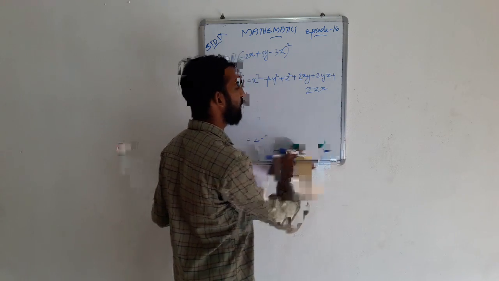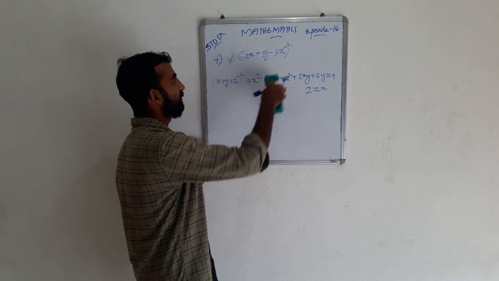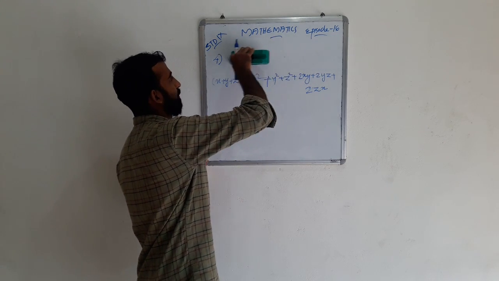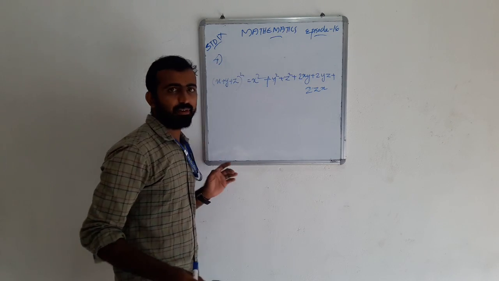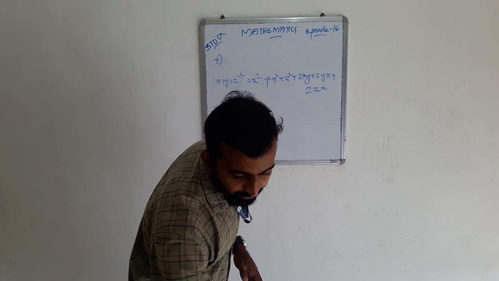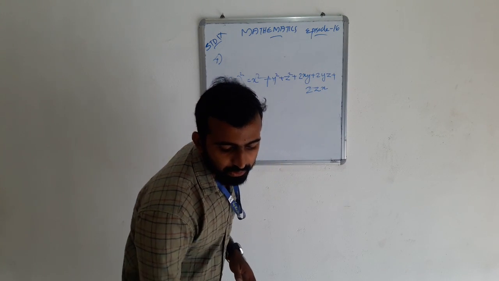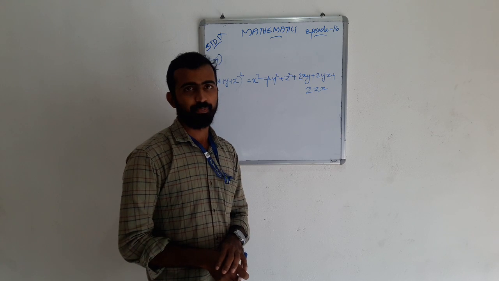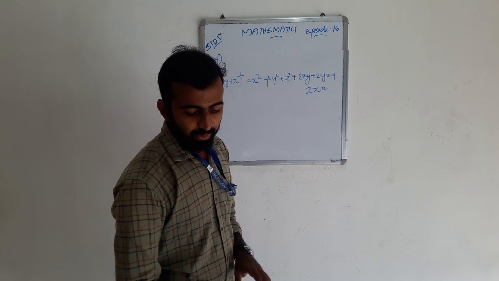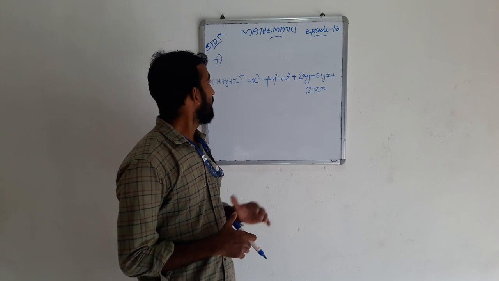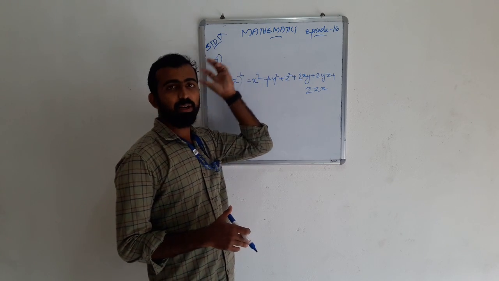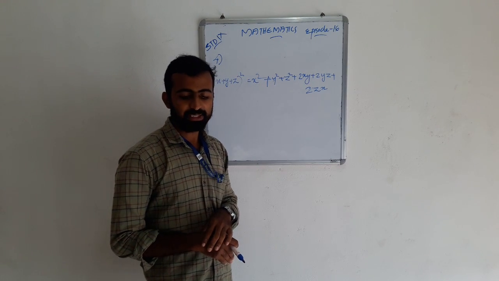Sixth one is for your homework. Please write it in your homework notebook and find the solution. Okay, here we get that fifth one, and your homework is sixth one.